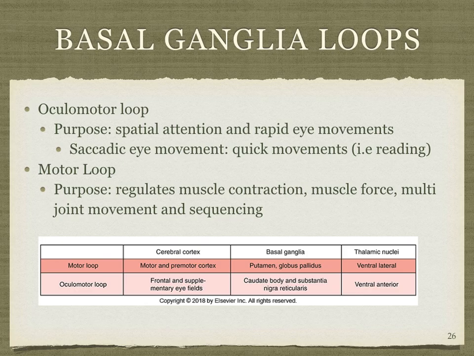The basal ganglia, the putamen and the globus pallidus, is going to be providing that output regulation, that blueprint. And then within our thalamic nuclei, that ventrolateral one. So if the thalamus is something we're still unsure about, please go back and view that PowerPoint I made, please.